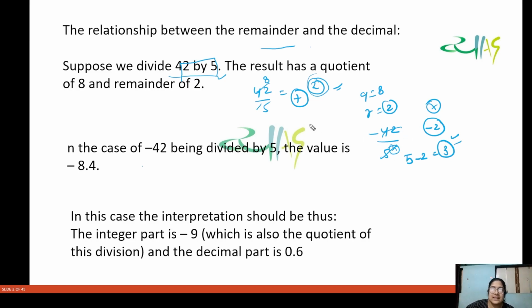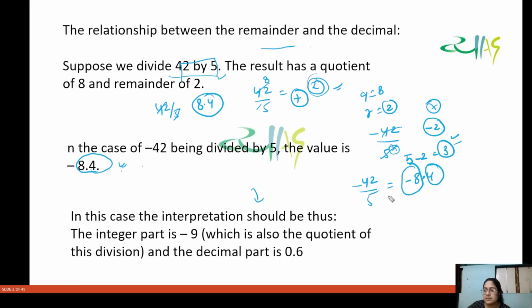Okay, so when you are dividing 42 by 5, obviously you are getting 8.4 as the decimal. But the point is that the decimal can never be negative. So how will this be represented in the form of a decimal? When you are dividing minus 42 by 5, it comes to be minus 8.4. The quotient can be negative, but the decimal part can't be negative.